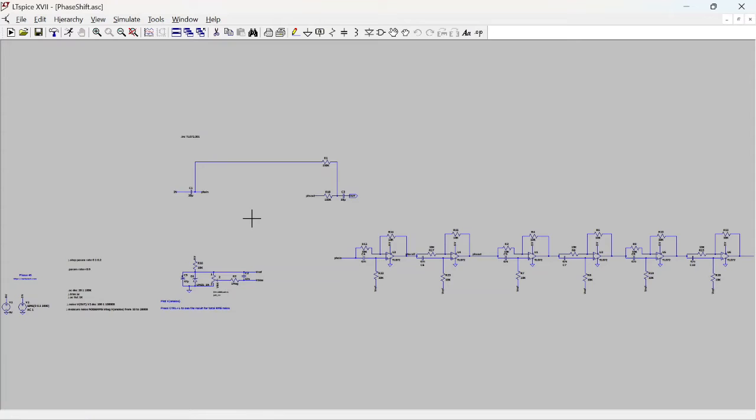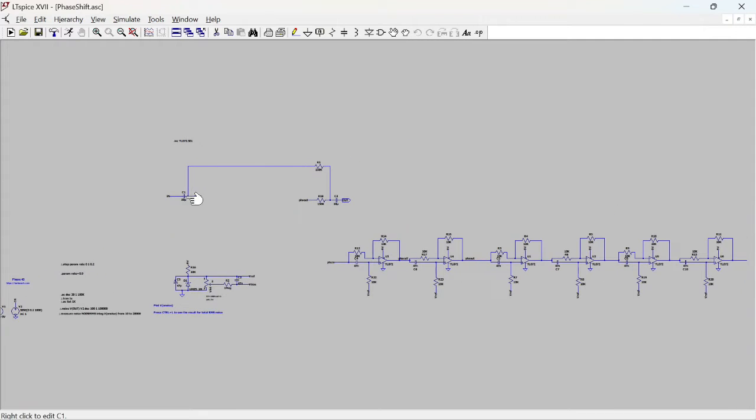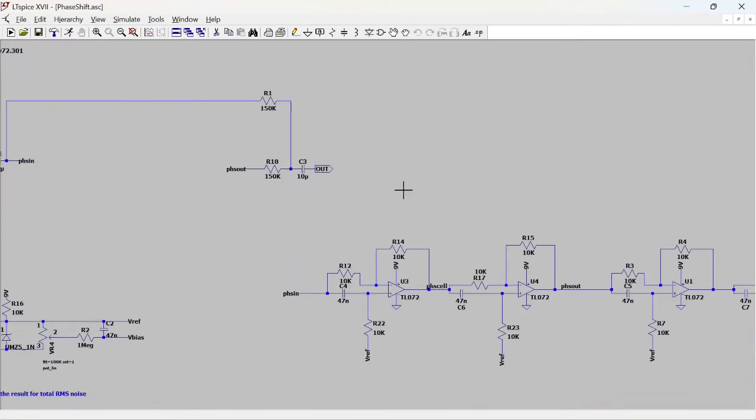So I added a sine wave here. It's entering this network. Let me zoom in. And I just named this phase shifting in, phase shifting out. This doesn't really matter. The whole point is to get a plot that will demonstrate what this does.